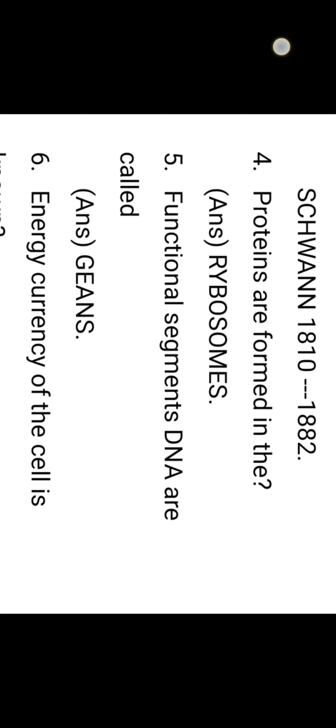A copy of the DNA is made as mRNA and transported to the ribosomes. Whenever a protein is produced, ribosomes read the information in the mRNA and use that information to assemble amino acids into proteins. That is the main function of ribosomes. This is the most important point.